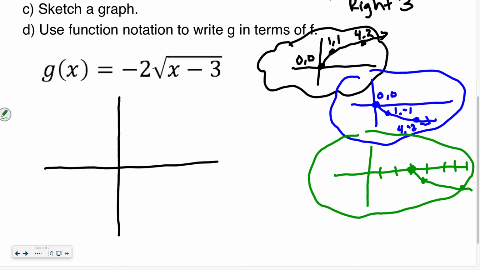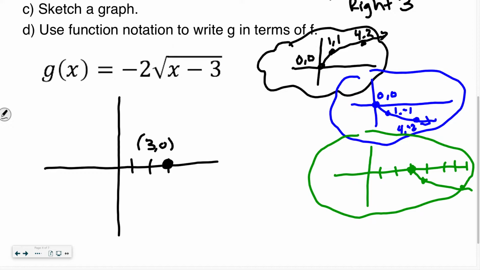If I'm vertically stretching it, I'm taking my y values and multiplying them by 2 in this case. I'm vertically stretching it by a factor of 2. So if your y value is 0 right here at (3, 0), your new point is also (3, 0), because 0 times 2 is 0. So I have a point at (3, 0), right there.